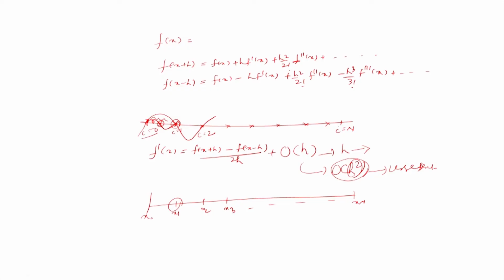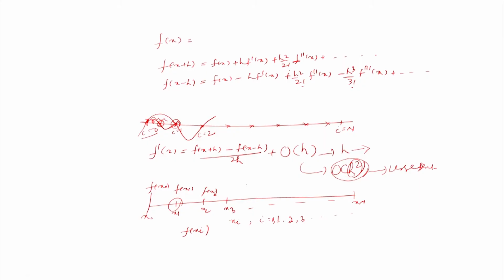If xi is the point where i is varying like 1, 2, 3, or we can consider 0, 1, 2, 3 likewise, then f of xi can be defined at all the points, that means we can write f of x0, f of x1, f of x2 at each of the points.